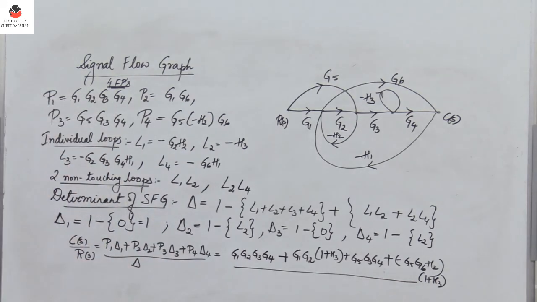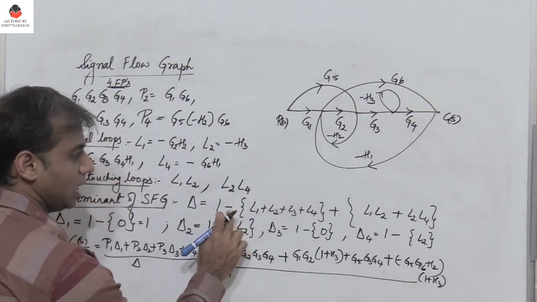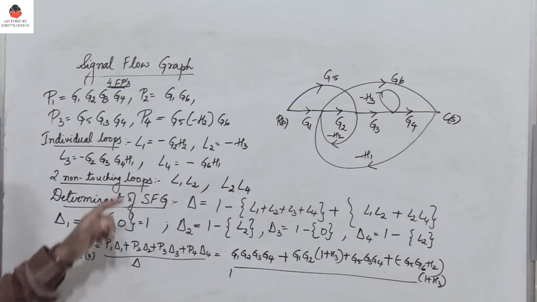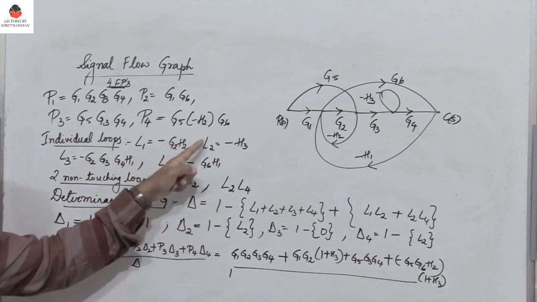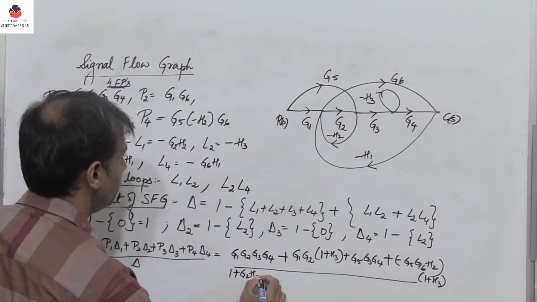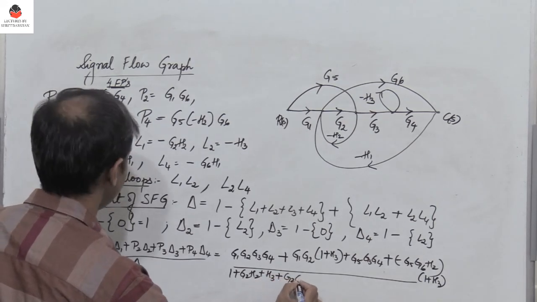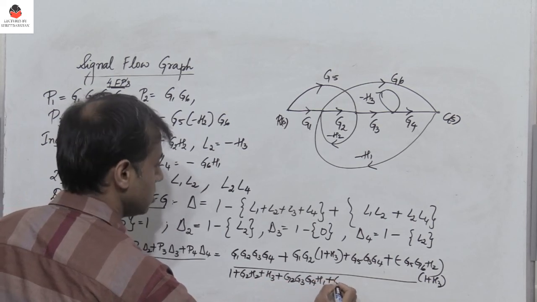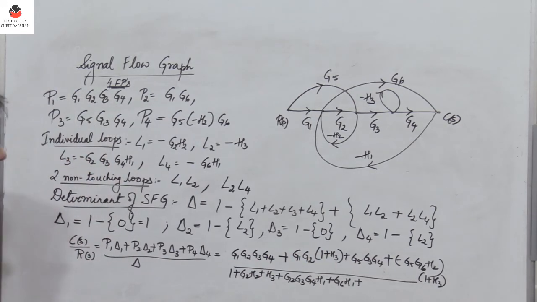So let's write the value of delta. Delta is 1 minus L1 plus L2 plus L3 plus L4. Now all these loop gains are negative, isn't it? So if I remove the brackets, they become positive. So I'll write plus G2 H2 plus H3 plus G2 G3 G4 H1 plus G6 H1 plus L1 L2.